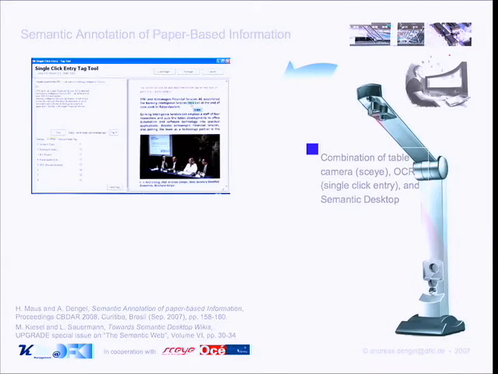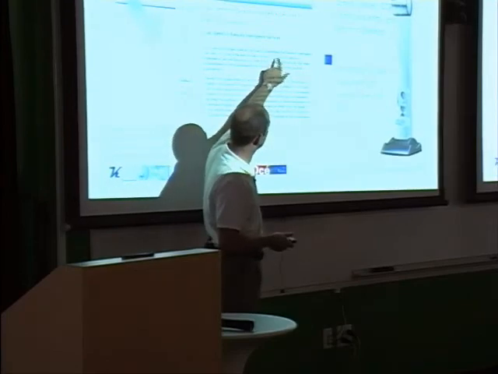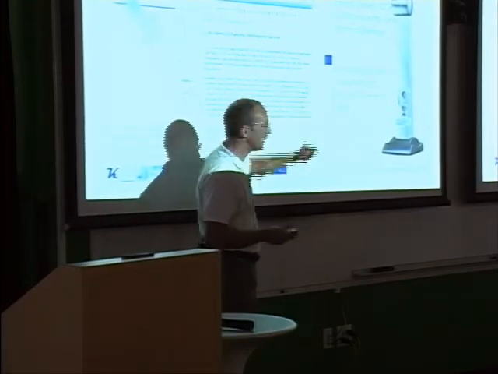Then the PIMO itself proposes a kind of category for the document, and furthermore identifies in the text known concepts, known instances, known persons, known events. This is then published within a semantic wiki, which is shared by our group, for example, where all the known items like DFKI, a known institution, BISE, a known project, Kaiserslautern, the city I came from, and my person, are known by the system.